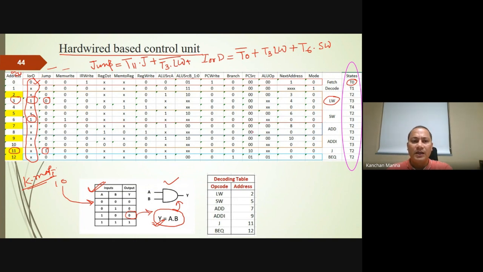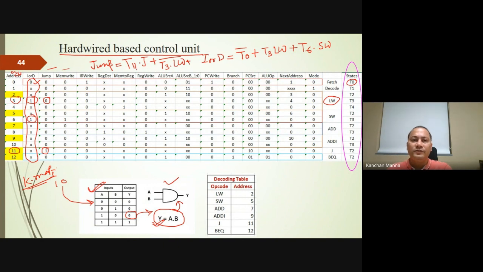Now the question is, who will generate this T state, and also these different symbols like LW, SW? The question is who will generate these states and these symbols.